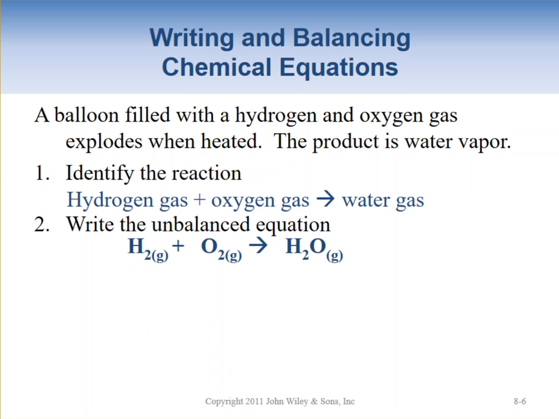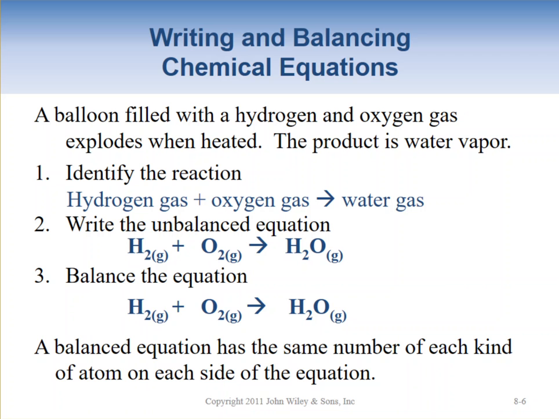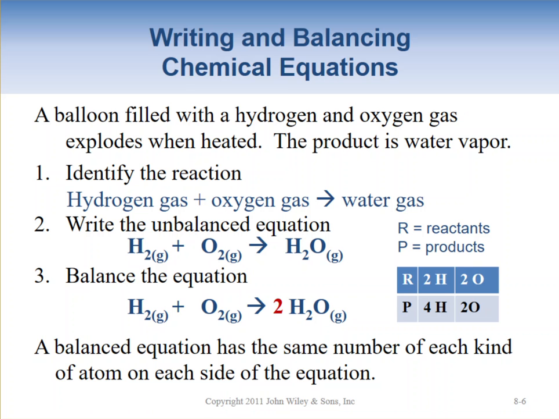However, in water you only have 1 oxygen. So you're going to have to balance the number of oxygens. To do that, you use a coefficient in front of water. Since you use a coefficient for water, that changes the number of hydrogen atoms, so you have to go back and change the coefficient for H2.